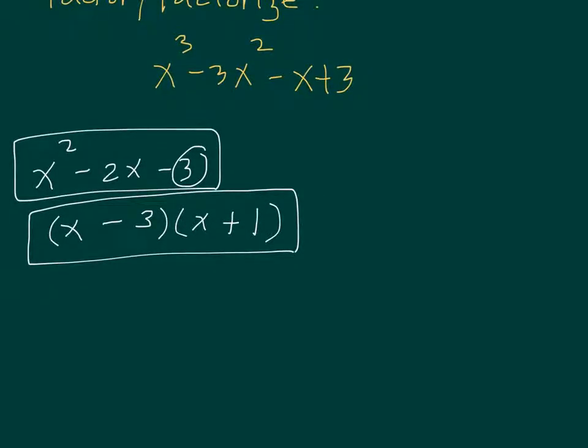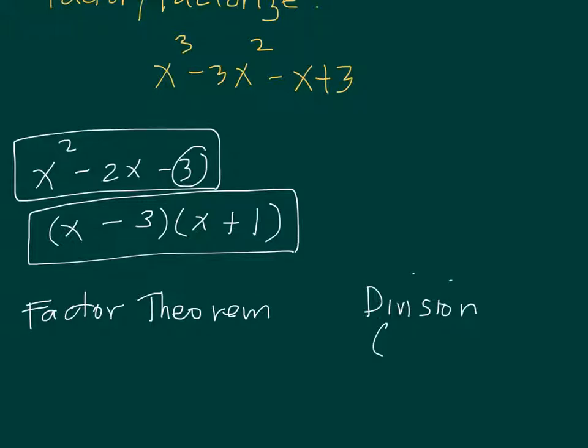Now, in factoring this, we'll be combining the concept of the factor theorem, and we use some division, and in this case I'll stick with synthetic division, okay, for a faster division.